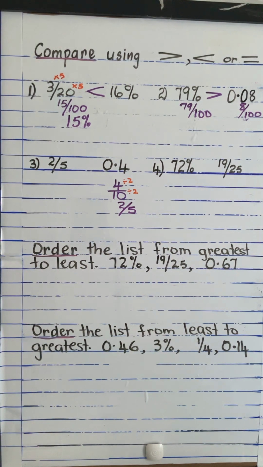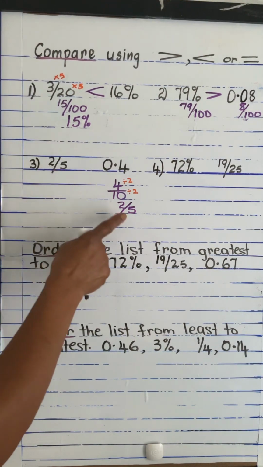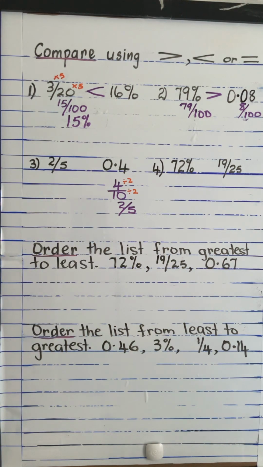So 0.4 is equal to 2/5. So 2/5 is equal to 0.4.